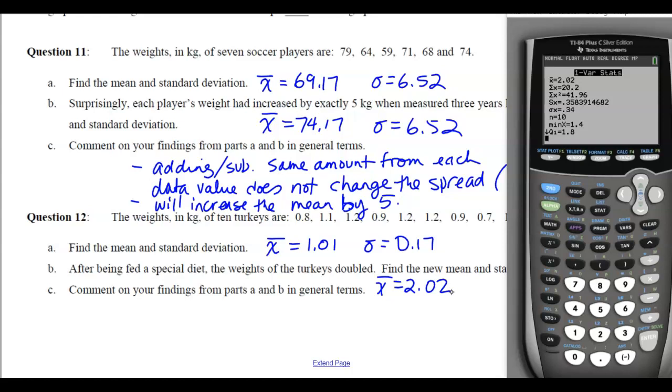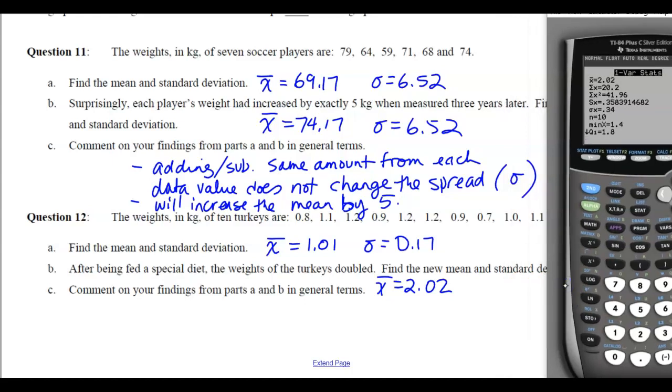If you double or multiply every data value by a certain number, you do that to the mean. Standard deviation did not stay the same as it did in the last one. When you're multiplying all the data values by a number, you have to multiply the standard deviation by that number. So standard deviation is 0.34, double 0.17.